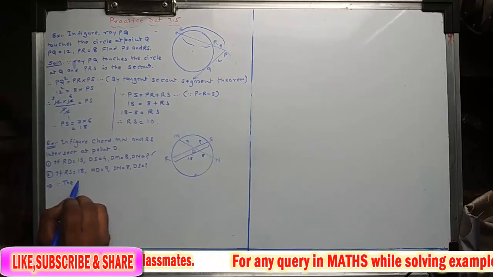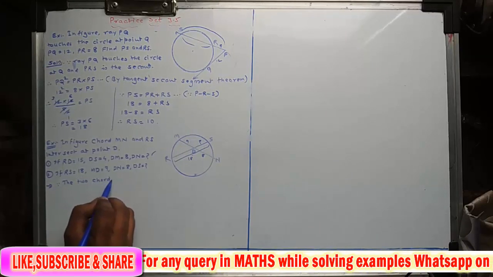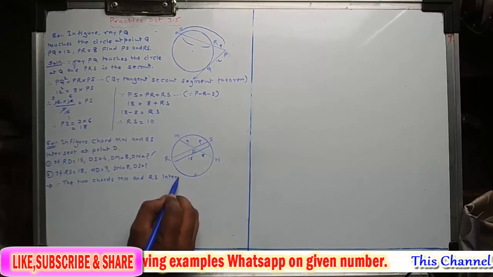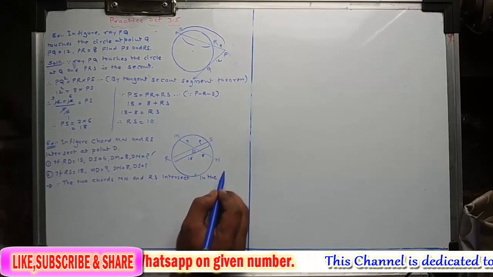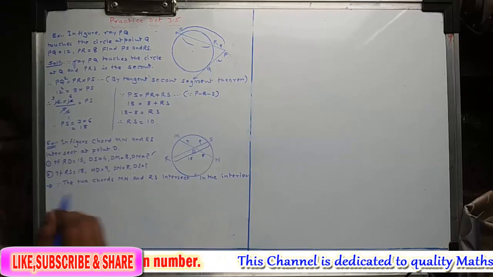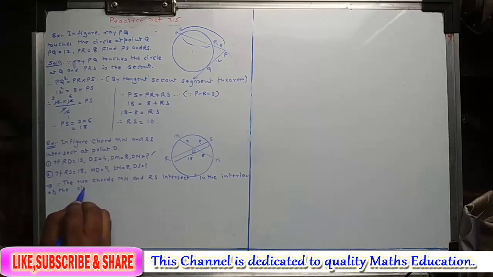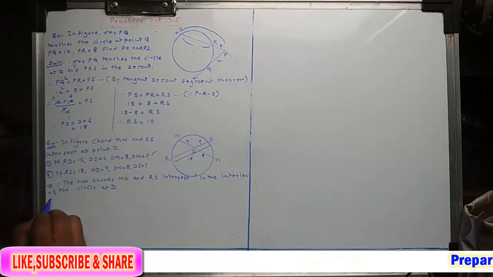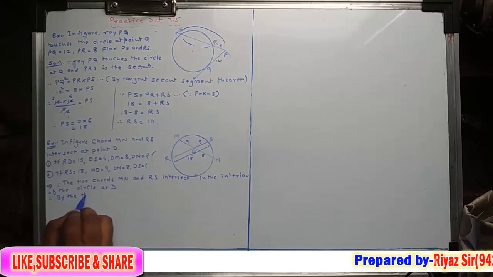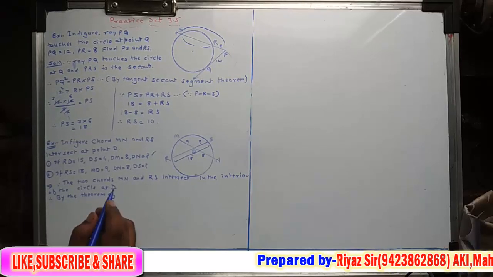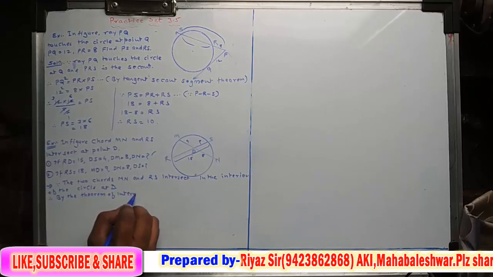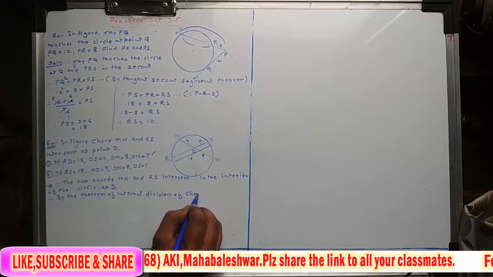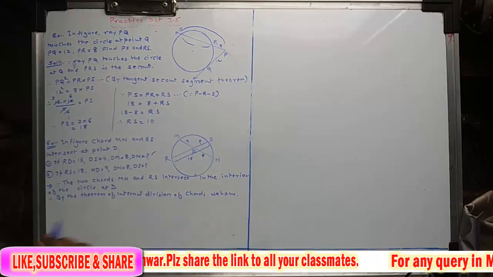Since the two chords MN and RS intersect in the interior of the circle at point D, therefore by the theorem of internal division of chords, we have, क्या मिलेगा हमको बोलो इक्वेशन.